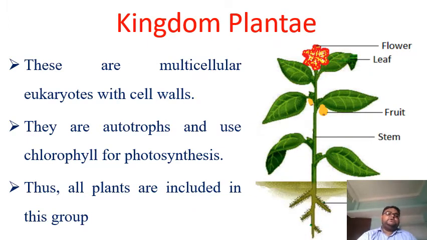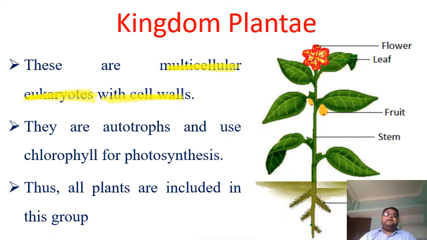Okay, students. So the kingdom Plantae, these are multicellular eukaryotes with the cell wall. Okay, students. What are the characteristics? These are first of all multicellular, right? These are having more than one cell. These are eukaryotes, and the cell wall is present in the cell.